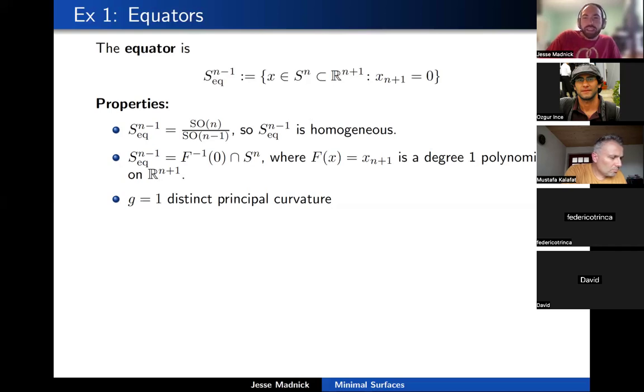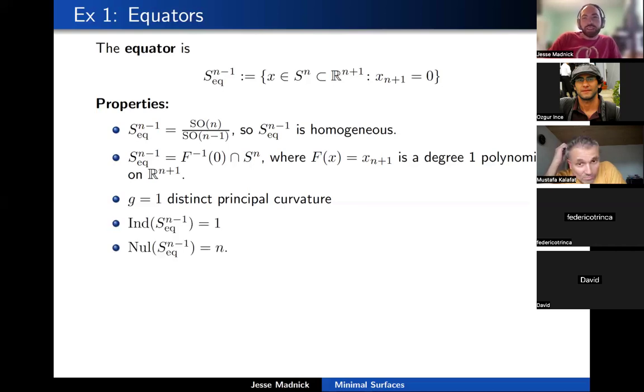In this case, that polynomial is pretty simple. It's a degree 1 polynomial, just a hyperplane. But it's interesting: you take a real algebraic variety in R^(n+1), you intersect it with the sphere, and that forms this example. Here the algebraic variety is degree 1, and coincidentally, the equator has one distinct principal curvature. That's kind of funny.